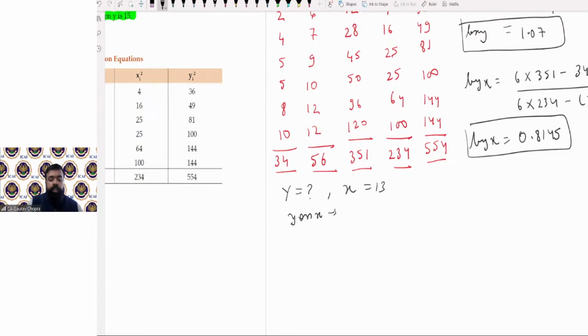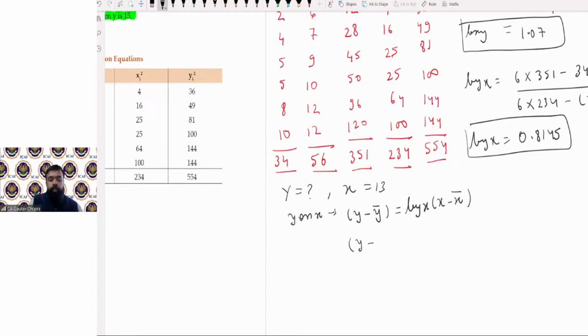Now y on x means y is equal to a plus bx. This is the format of equation, but we have to find this equation. So let us use the formula y minus y bar equal to byx multiplied by x minus x bar.